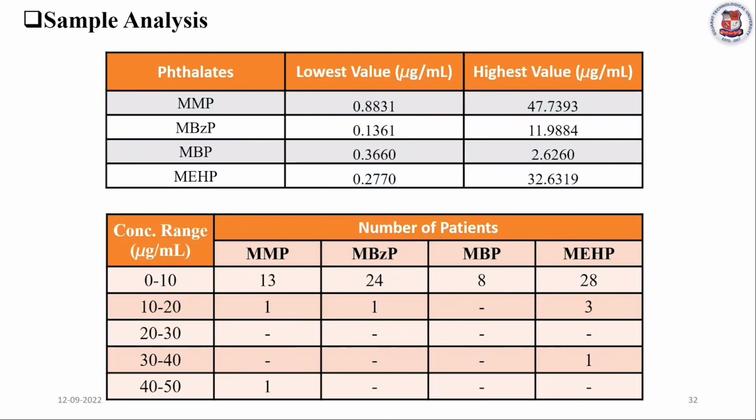This is the sample analysis content, the lowest value and highest value. So you can see microgram per ml in the urine and the highest value. And we have also further classified that many patients have a very high amount of phthalate metabolite in their urine when we analyzed.